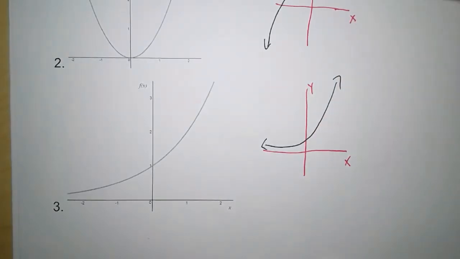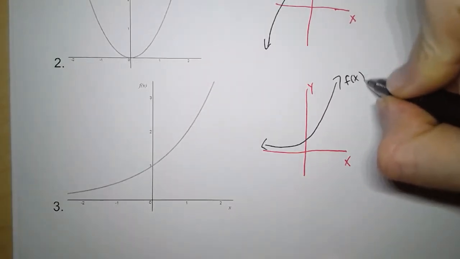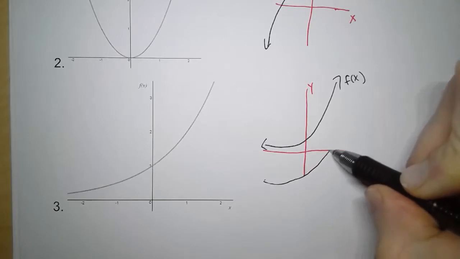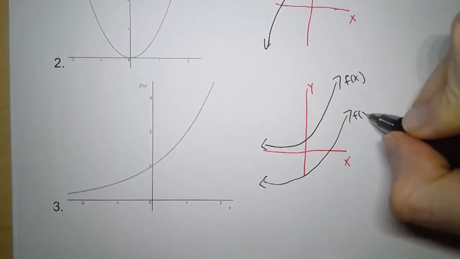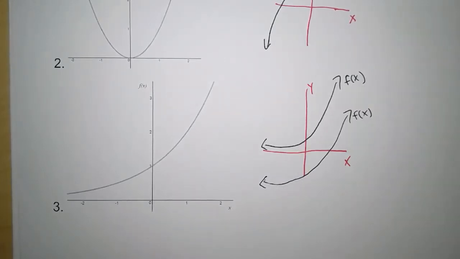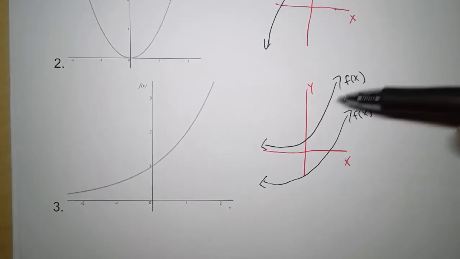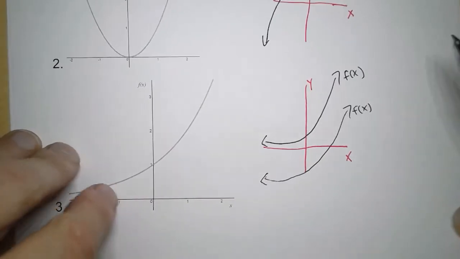And so that is going to be what our f of x graph could look like. Now, it could also be down here. And this is why I'm not drawing values on the x or the y axis very much, because you could shift this graph up and down and the f prime graph wouldn't notice the difference.